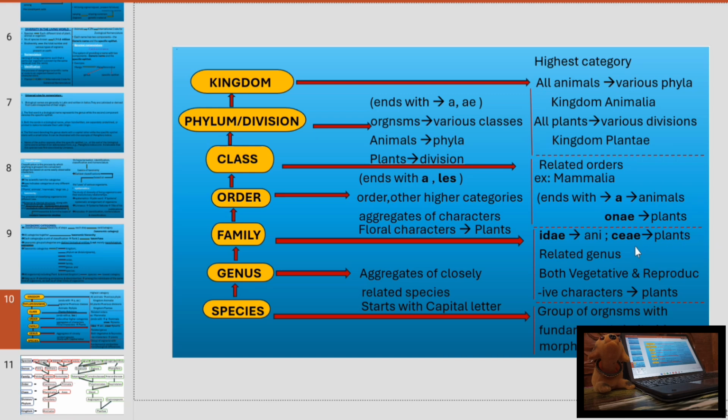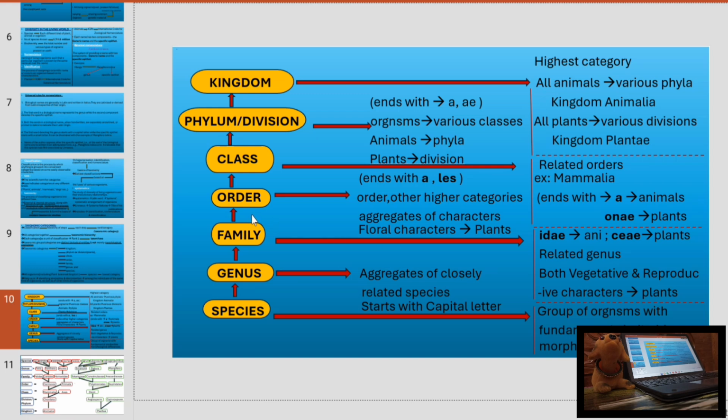If any word is ending with IDAE for animals and CEAE for plants, it is said to be from the taxa family, okay? And it is an aggregation of related genera. It consists of both reproductive and vegetative characters in plants.